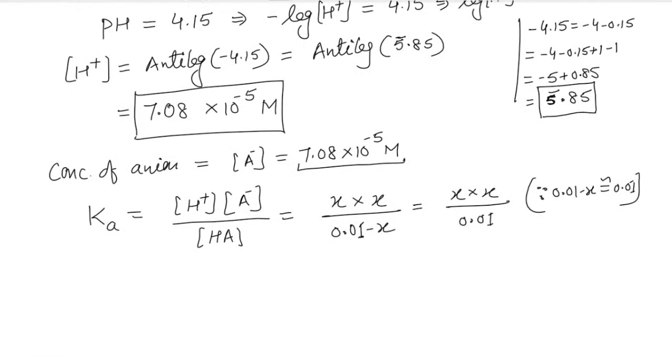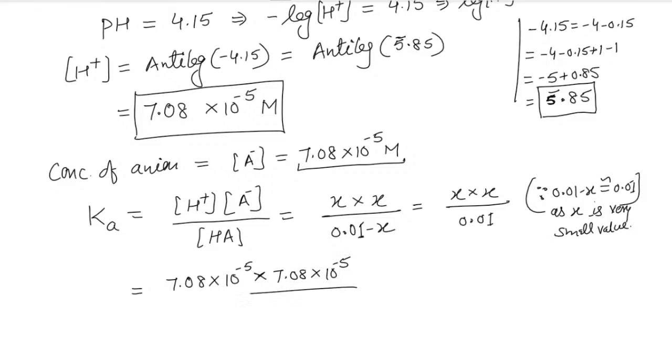As X is a very small value. Now what is X? It is 7.08 into 10 raised to minus 5 times 7.08 into 10 raised to minus 5, over 0.01.